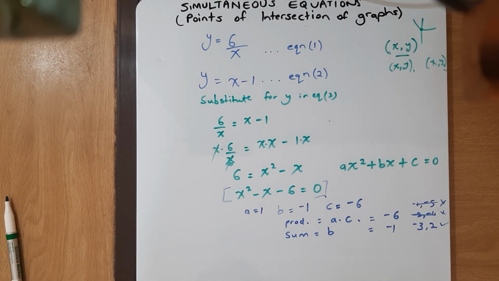It means one of the values has to be positive and the other negative, because when we multiply a positive number by a negative number, we get a negative number. So since we want -6, you would start with -1 and 6, -2 and 3, -3 and 2, okay? So -3 and 2 are the two values that will factorize this equation.